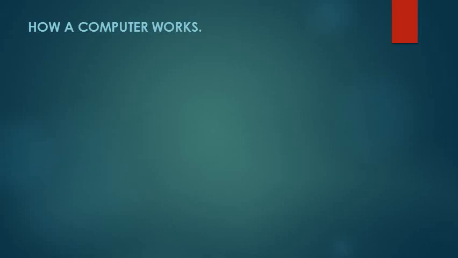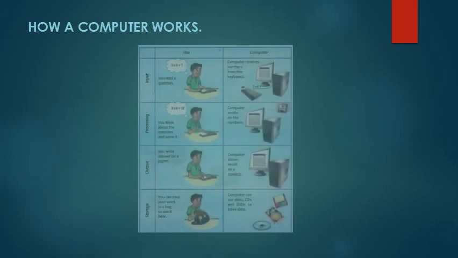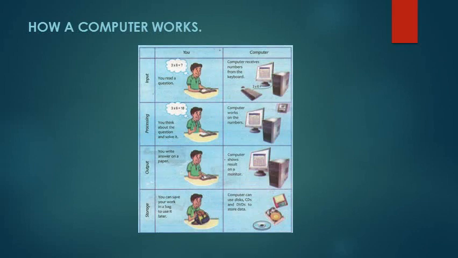In this slide, a comparison is made between a human being and a computer. Both are given the same question, and both are solving that problem following the same sequence of steps.